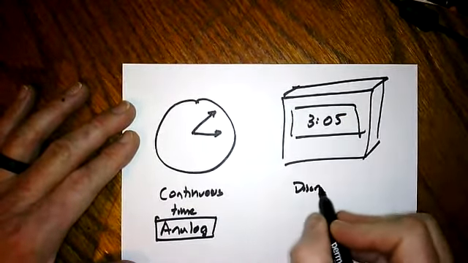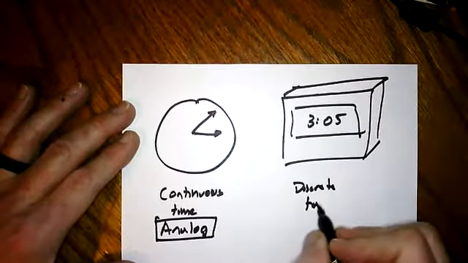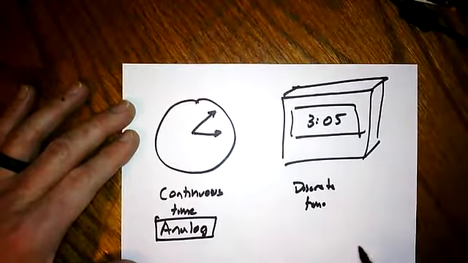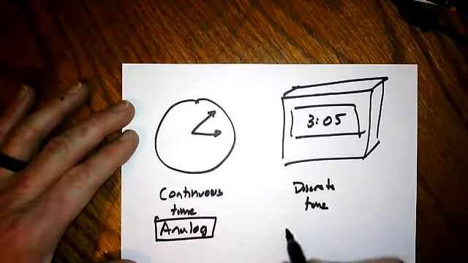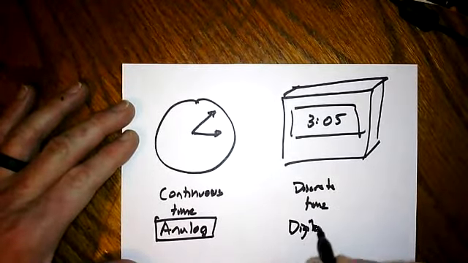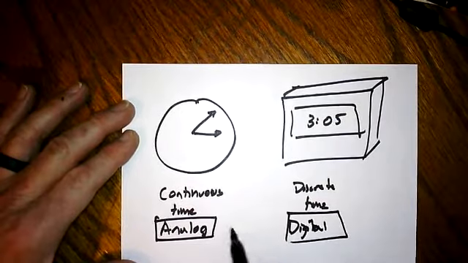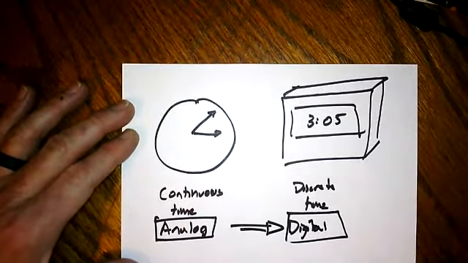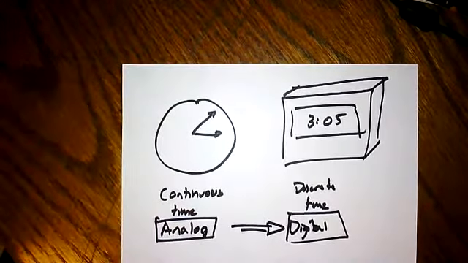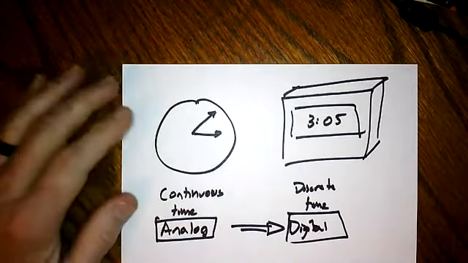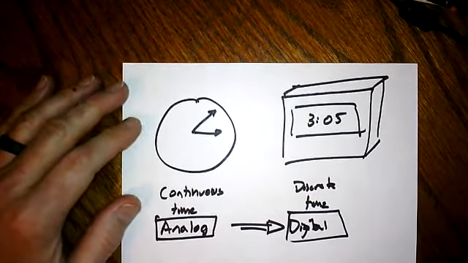Discrete time, 3, 4, 5, 6, 7, 8, very discrete. This is digital. And remember, our A to D boards convert our analog signal to a digital signal using some technology that has a different number of bits, okay?